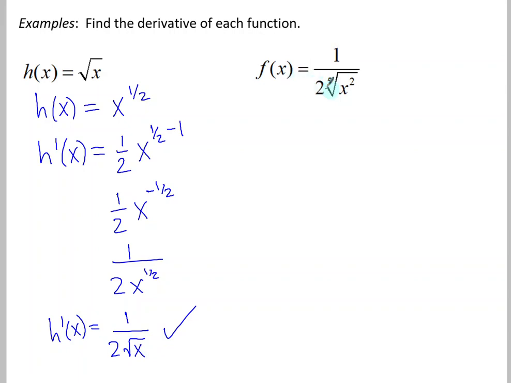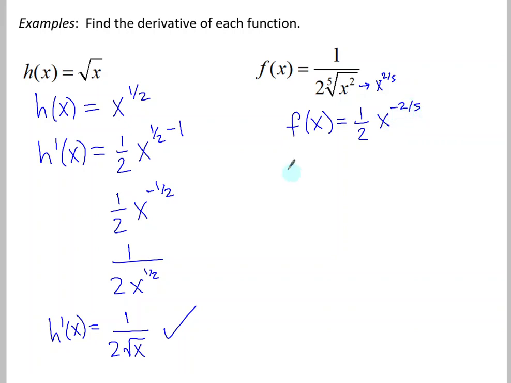F of x equals 1 over 2 times the 5th root of x squared. This one also requires being rewritten first. So we'll say f of x equals 1/2, constant multiple, times x to the 2/5. I'm going to bring it up to the numerator, x to the negative 2/5.